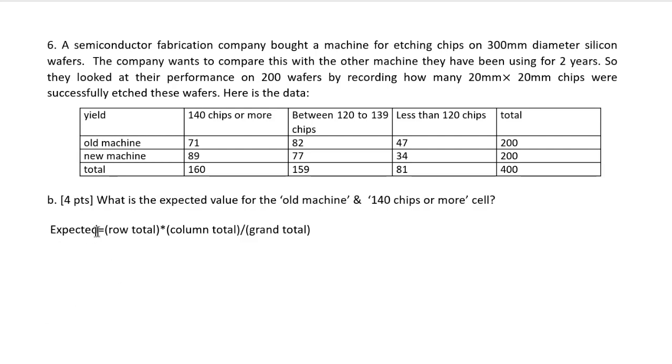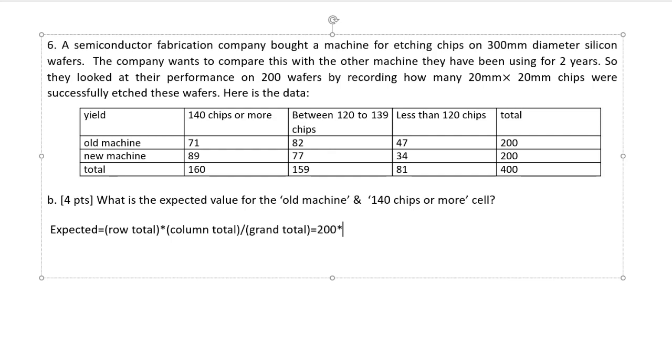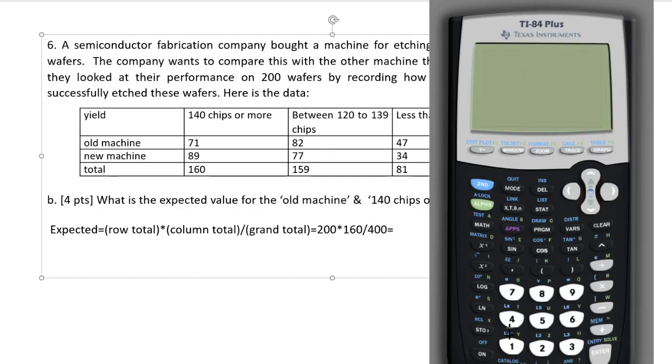Expected value of a cell is the row total, which is 200, times the column total, which is 160, and then you divide it by the grand total, which is 400. So this is going to be 200 times 160 divided by 400. Now let's do the calculation.